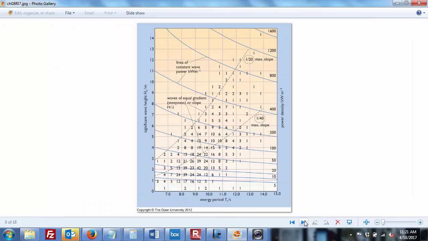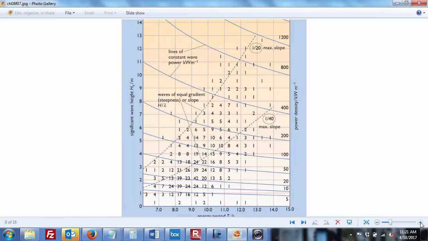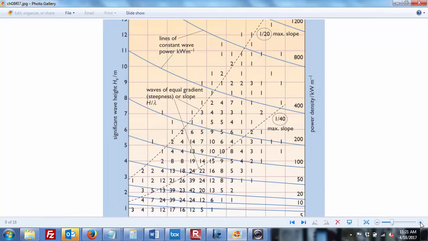Okay. All right. So this chart actually has a lot of meat to it. So let's spend some time looking at this.